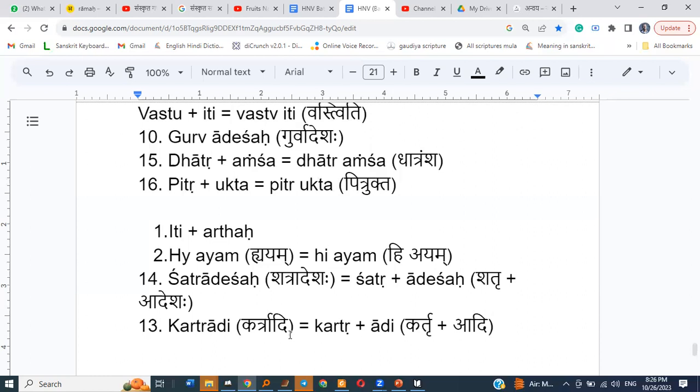Okay, and the previous homeworks I think we had already discussed in the class, so no need to discuss. You can look up the homework again, and if any doubt is there, we can discuss.